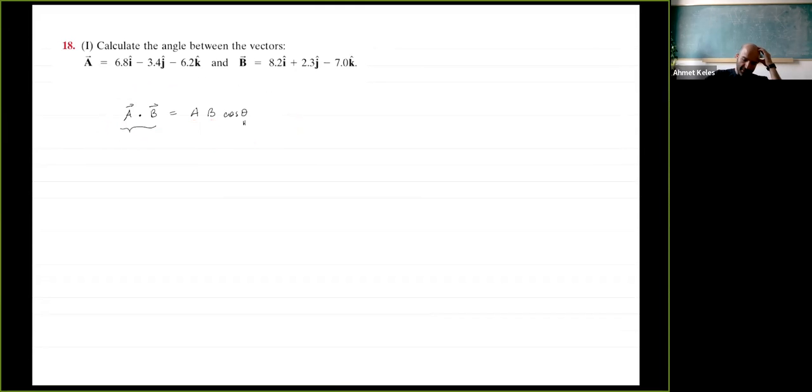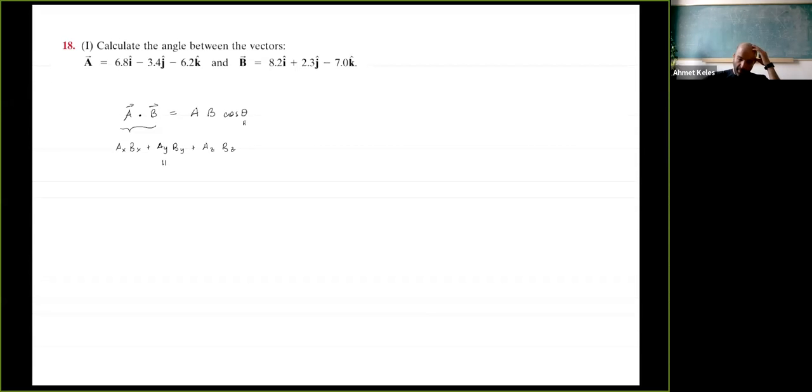The dot product is this times this plus this times this plus this times this, right? Maybe I can write it: AxBx plus AyBy plus AzBz. But this thing is equal to, okay, we can multiply these numbers.